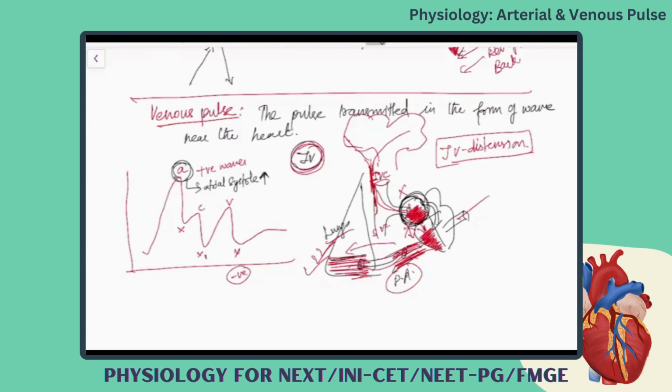It occurs due to the rise in the atrial pressure during the isovolumetric contraction period. In the isovolumetric contraction period, what is happening? The ventricle is closed.